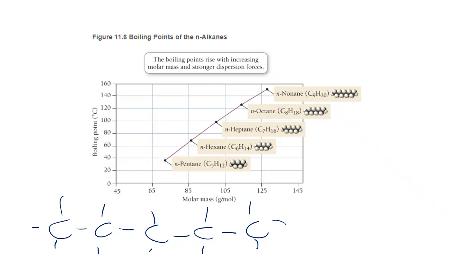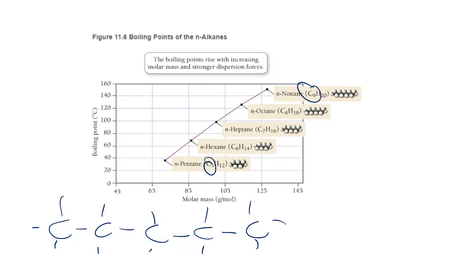So therefore, for the boiling point to go up, the molar mass has to go up. So here we have pentane, C5H12, up to nonane, C9H20. You just have more carbons and more hydrogens, therefore more electrons that will therefore have more dispersion forces.